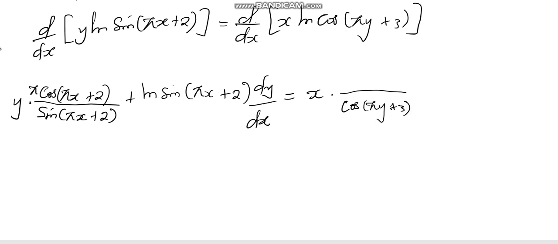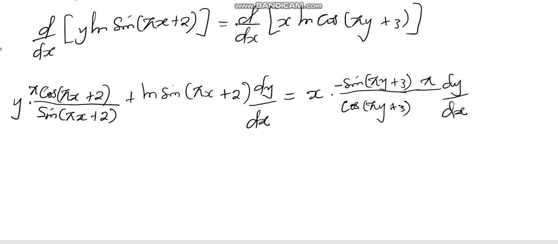Then when you differentiate cos, you get negative sin(πy + 3). Then when you differentiate πy + 3 inside, you get π, multiplied by dy/dx since y and x are different variables.